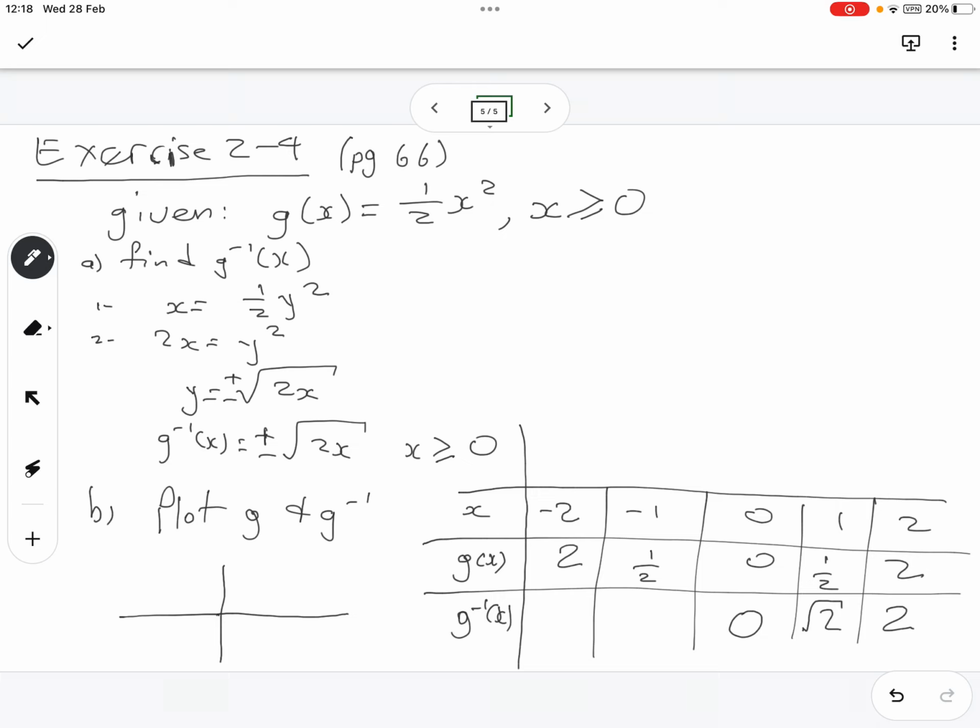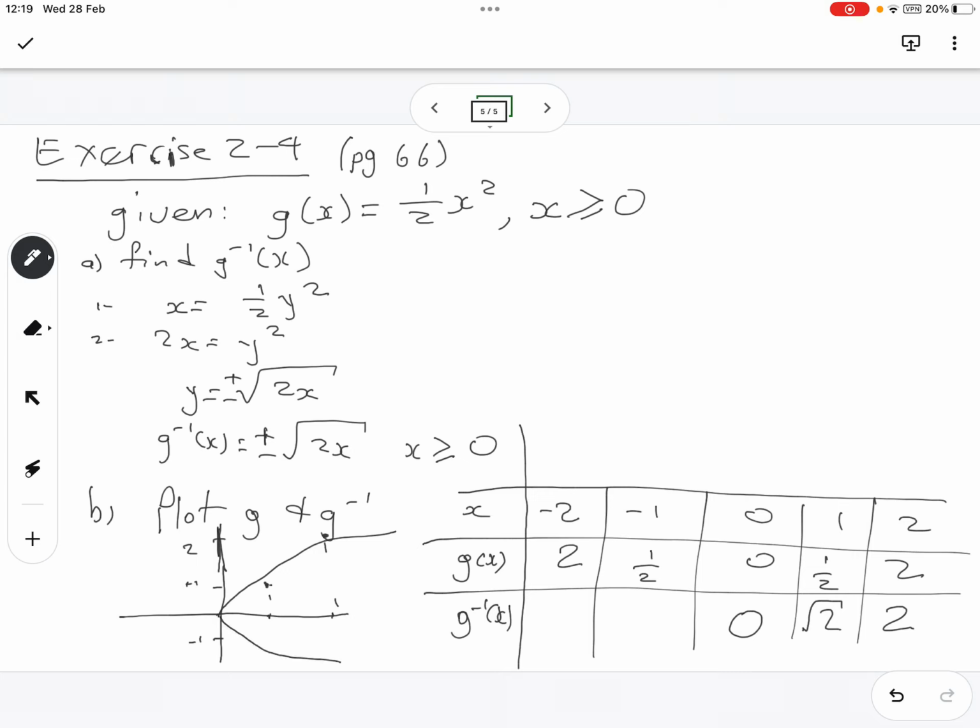This gives us, for x is positive 1, somewhere just above 1. And then for x is 2, it'll give us somewhere there, right? So it'll look something like that.